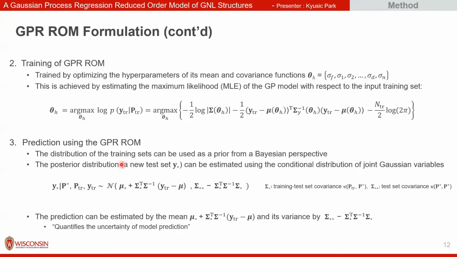Then the distribution of the training sets can be used as a prior from a Bayesian perspective, and the posterior distribution for a new test set can be estimated based on the conditional distribution of joint Gaussian variables. Then the mean and variance of the ROM coefficient can be easily estimated for any given set of FEM parameters within the prescribed range.